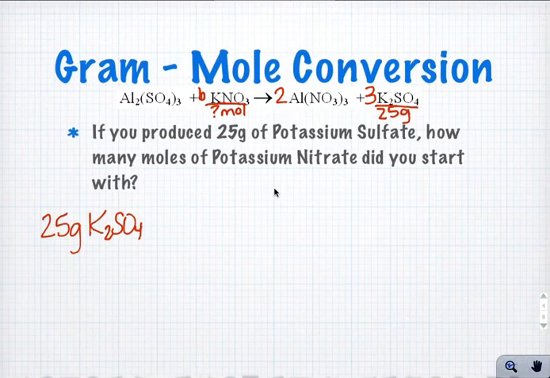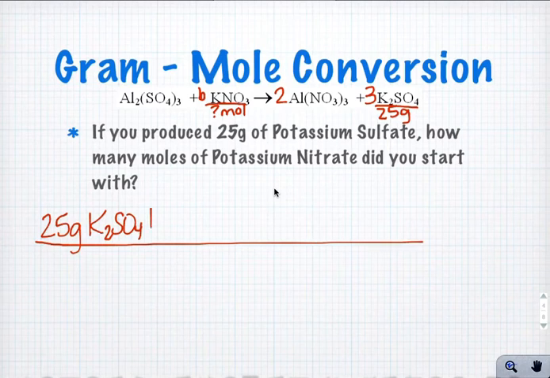The way you do that is to use your molar mass. The molar mass of potassium sulfate, as stated on the periodic table, is 174.258 grams per mole.